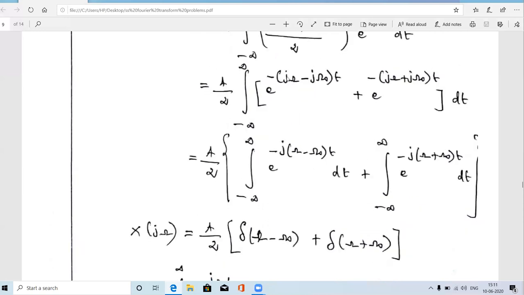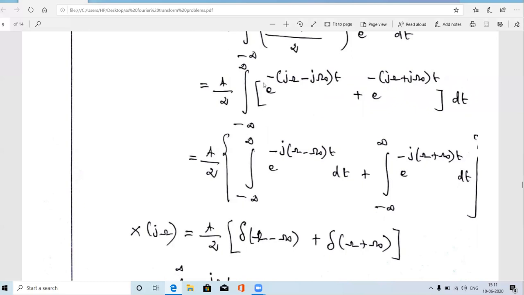Then in this, j is common, so we take j as common. Similarly, in the other term, taking j as common, we write e power minus j omega plus omega naught t dt. If we integrate e power minus j omega minus omega naught t, we get e power minus j omega minus omega naught t divided by minus j omega minus omega naught, with the limit minus infinity to infinity.